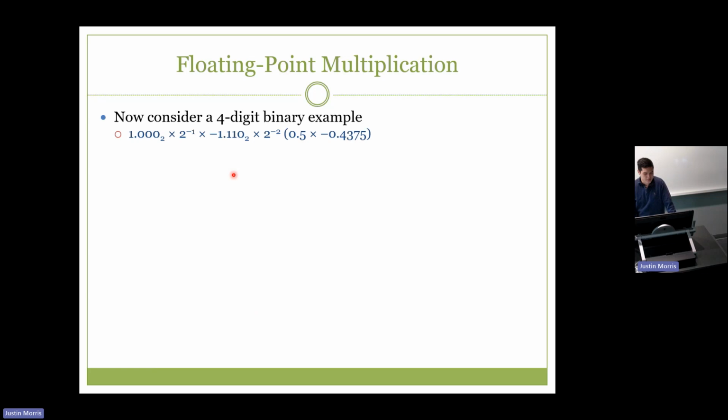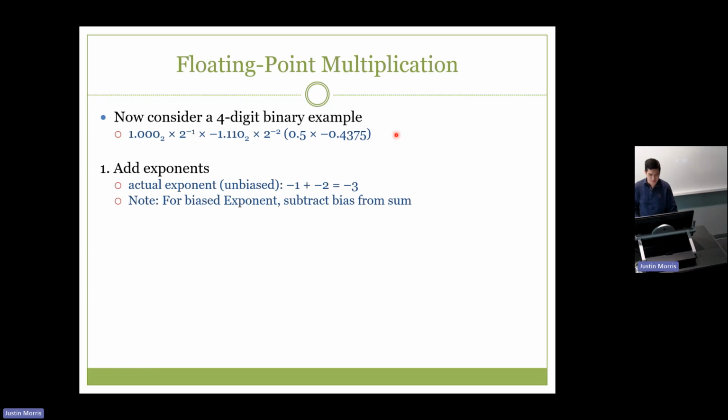And then here is our 4-digit binary example. So 1.000 times 2 to the negative 1 and negative 1.11 times 2 to the negative 2. So the exact same example for the addition. Now we're doing multiplication. So first step is, once again, add the exponents. So my new exponent is negative 3, right?